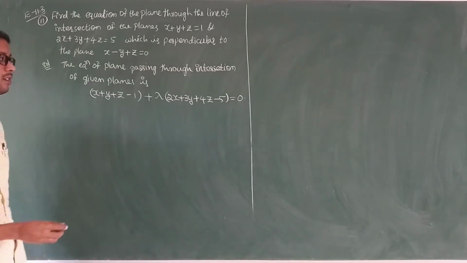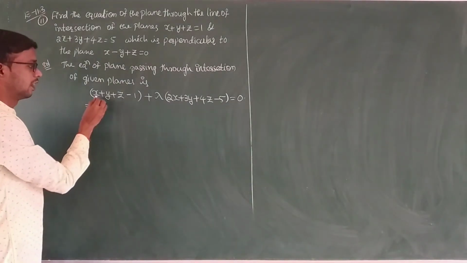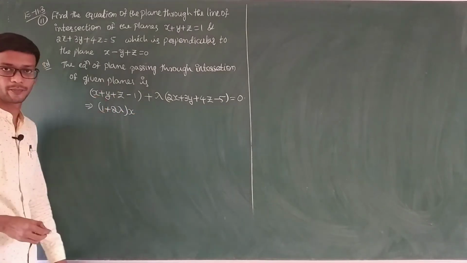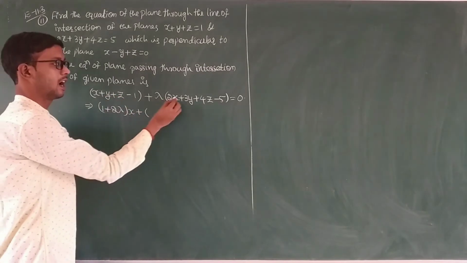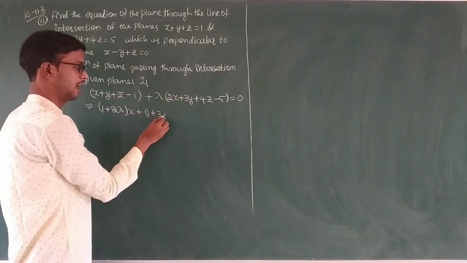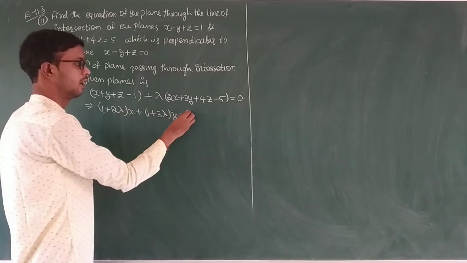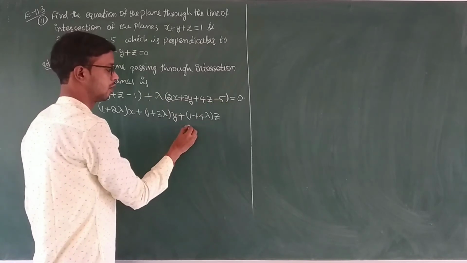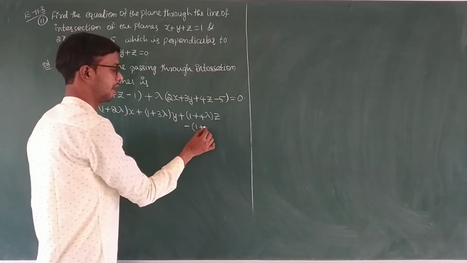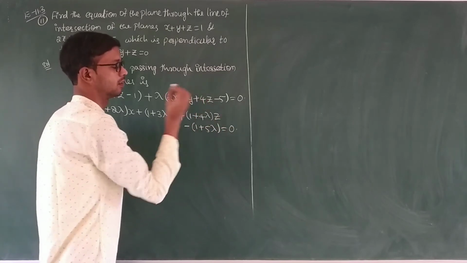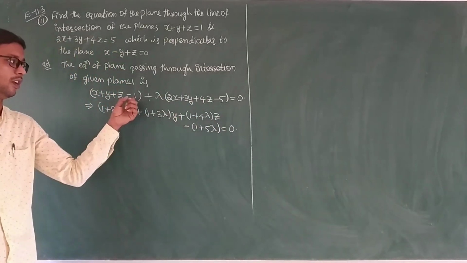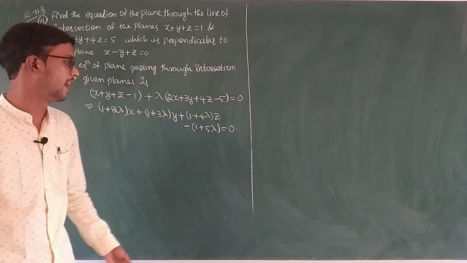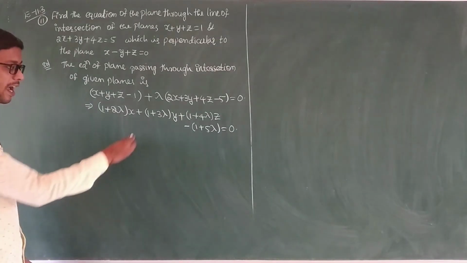Now simplify this one. Taking x common: 1 plus 2 lambda into x, plus y common: 1 plus 3 lambda into y, plus 1 plus 4 lambda into z, minus, taking common, 1 plus 5 lambda is equal to 0. The constant value is 1 here and 5 lambda, with minus, so take minus common 1 plus 5 lambda.